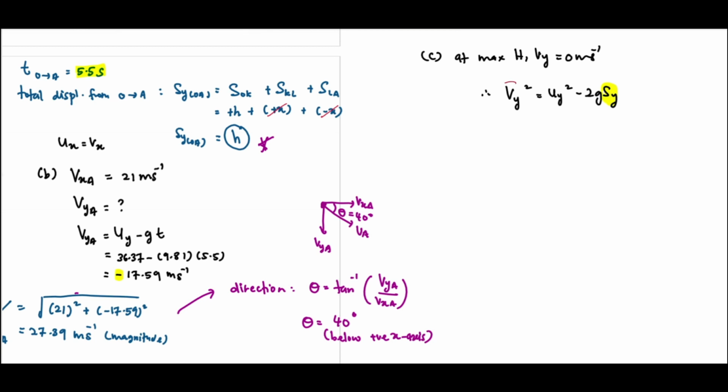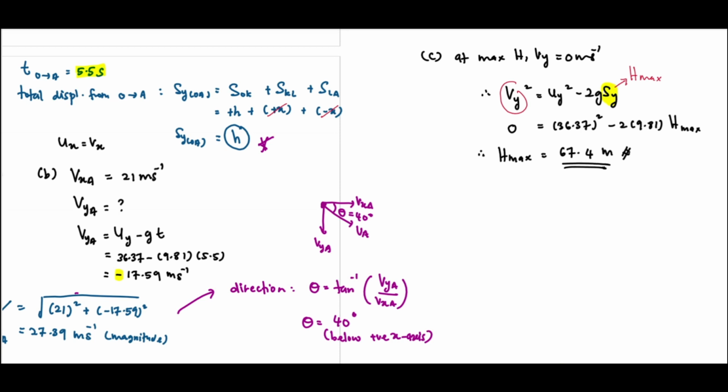Sebab apa? Kita nak gantikan Vy nanti equal to 0, means that sini adalah maximum height. So, when we substitute the value of 0 here, Uy is 36.37 minus 2, 9.81 and Sy ini saya letak H maximum. Therefore, the maximum height is equal to 67.4 meter. Unit jangan lupa. Okay, so finish example number 3.